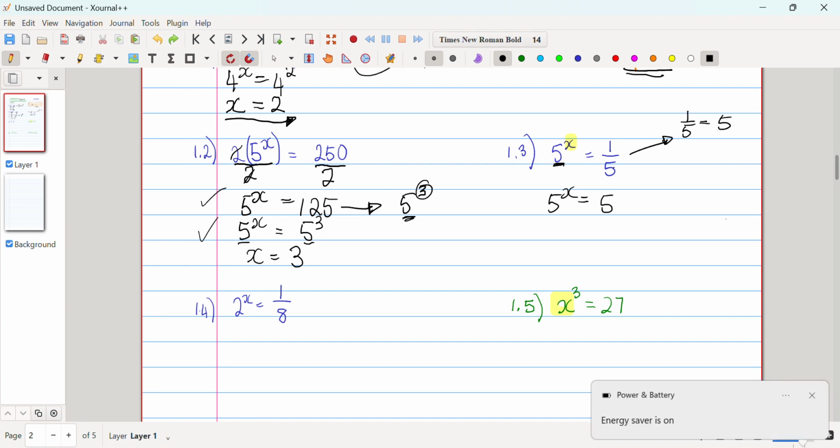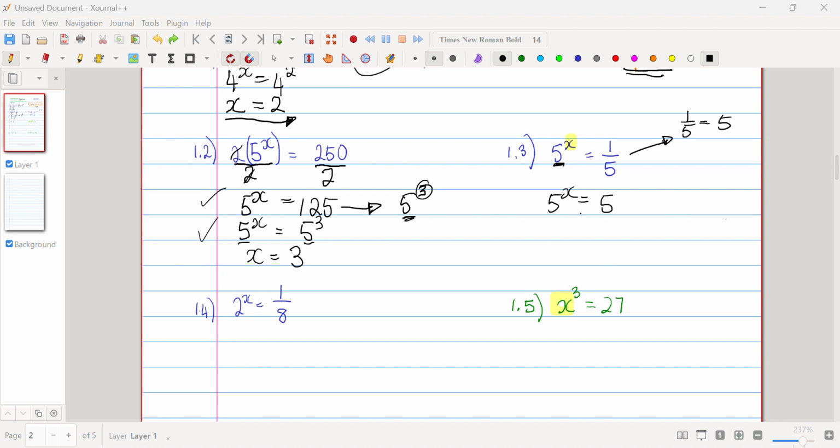So how can I write 1 over 5 over here with a base of 5? There's a rule of exponents that if you have something to the power of a negative exponent, it can be written like this, to the positive 2, right?